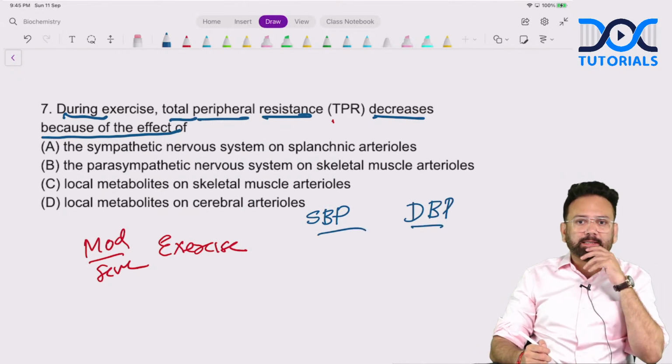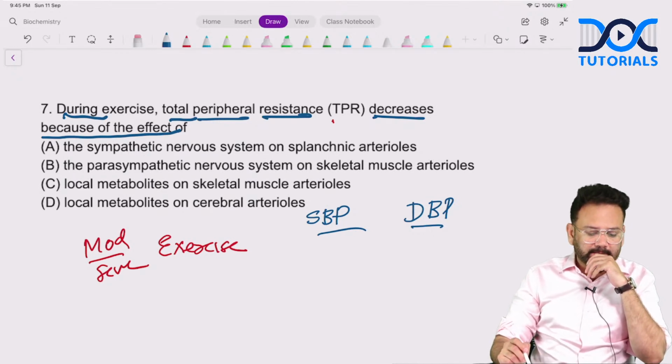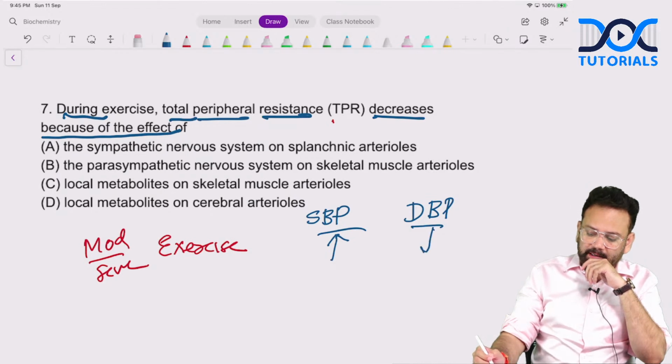If you are doing exercise, systolic BP will increase or decrease? It will increase. And diastolic BP, it will decrease.